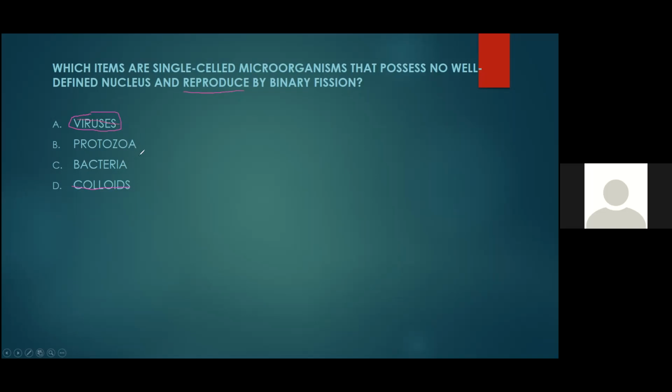A protozoa has a nucleus and all the stuff on the inside, it's well defined, so it's not that. That leaves us with bacteria. Bacteria is a single-cell microorganism with no well-defined nucleus. So here it's going to be C.